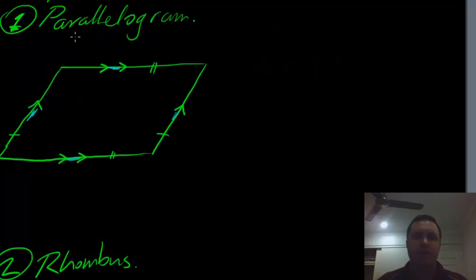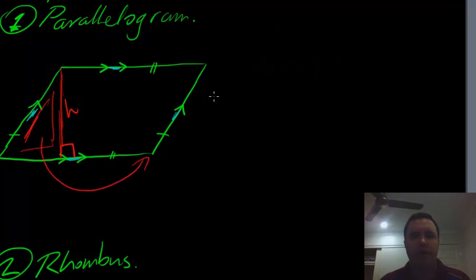When we're talking about working out an area for this, actually parallelograms are really easy. If I get this triangle here and create a perpendicular length here, which we call a height, and I move this triangle over to this side and put it right here, what have I made for myself?